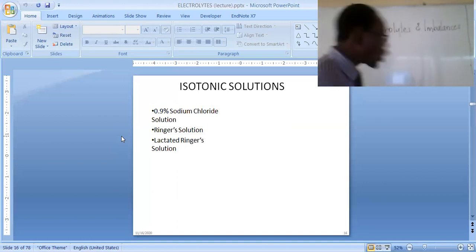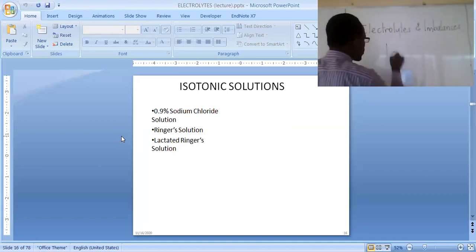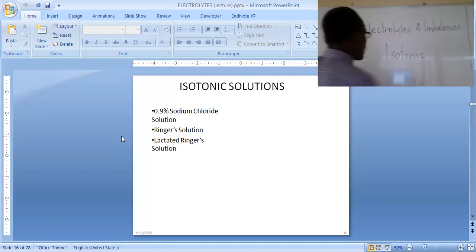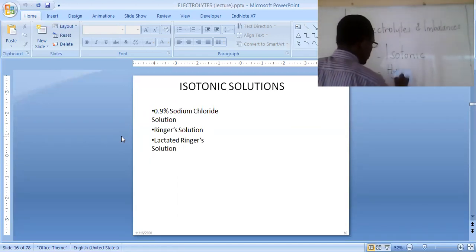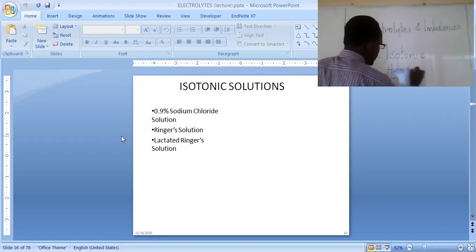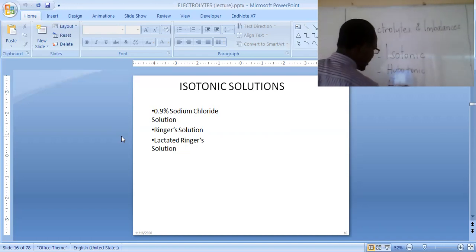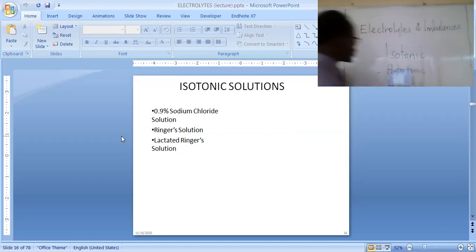They are what we call isotonic, hypotonic, and hypertonic. So solutions can be categorized into these.